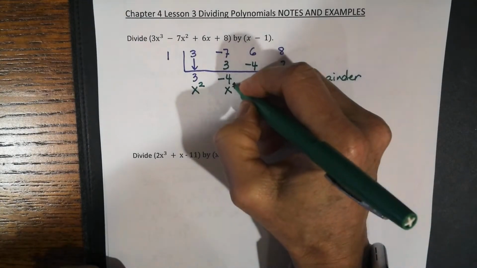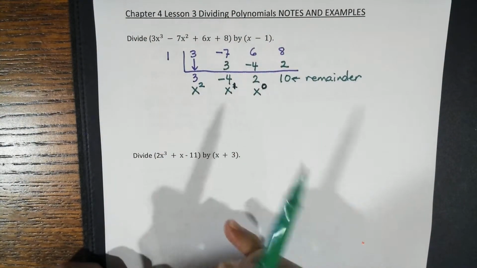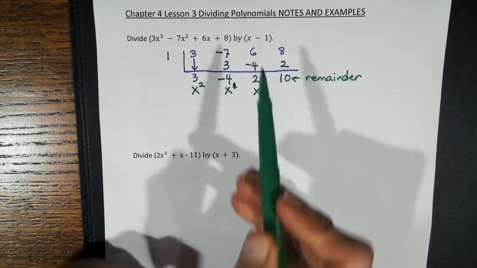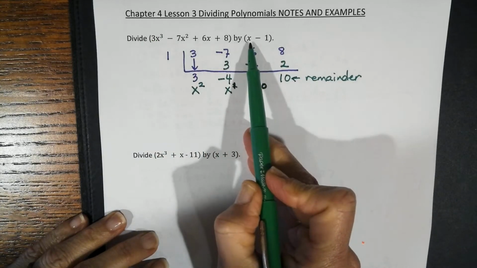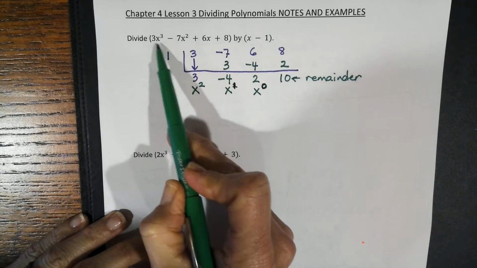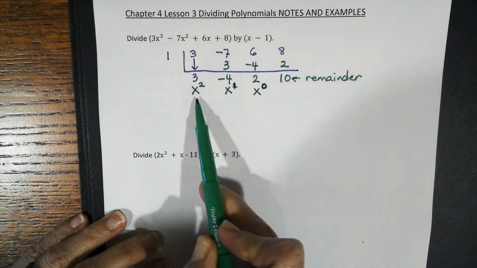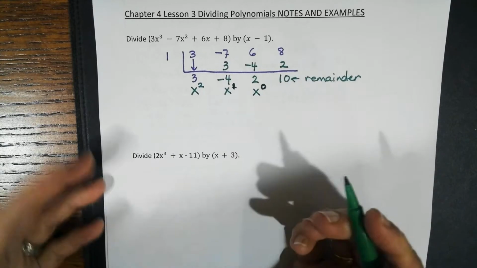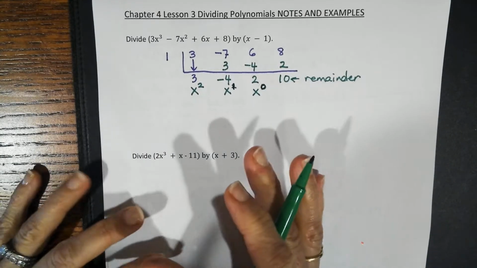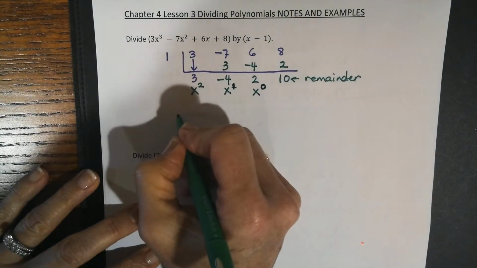We just fix them. You know how I caught myself? Let me tell you. I know that I'm dividing a cubic by a linear factor. So when I divide 3x to the third by x, I should get an x squared. And that's what I just checked. It's okay. We learn from our mistakes.